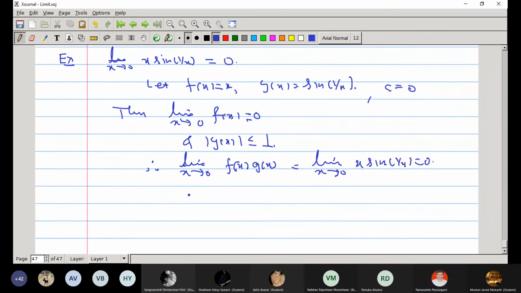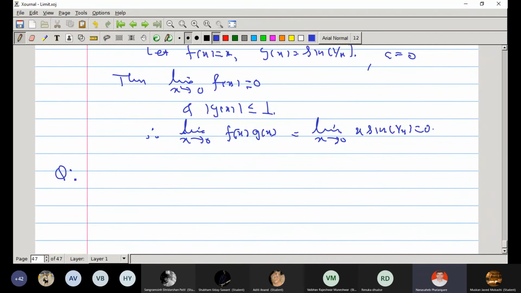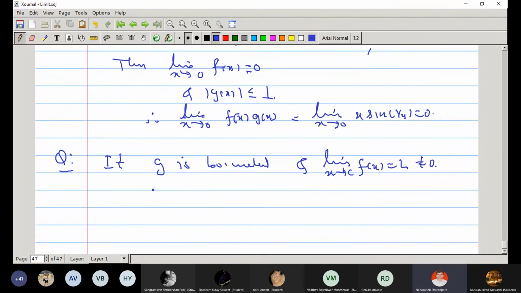The question arises: if g is bounded and the limit as x tends to c of f(x) is equal to L, which may not be 0, then does the limit as x tends to c of f(x) times g(x) exist?